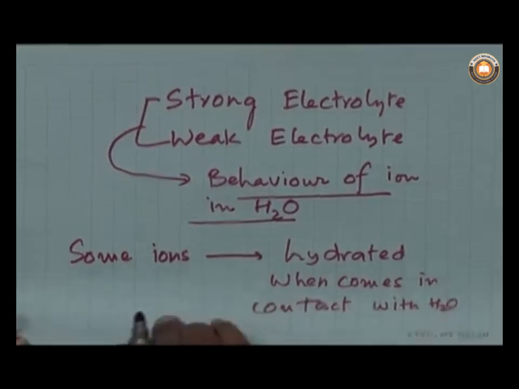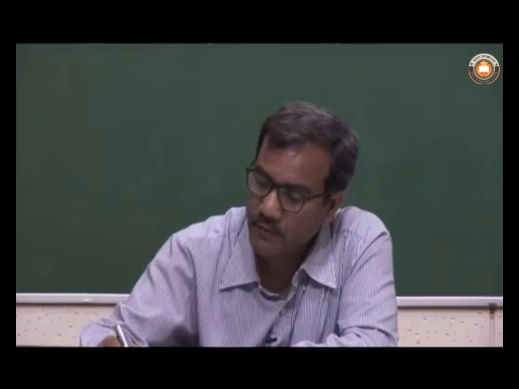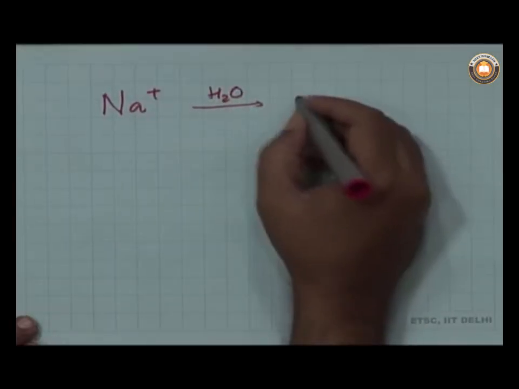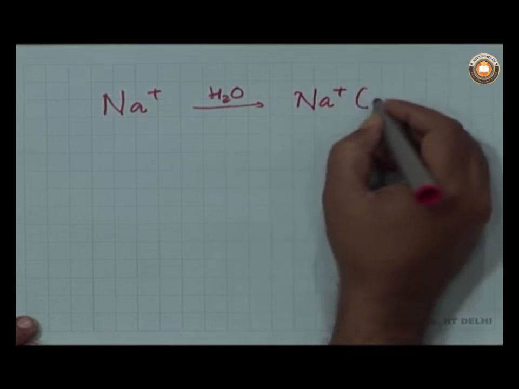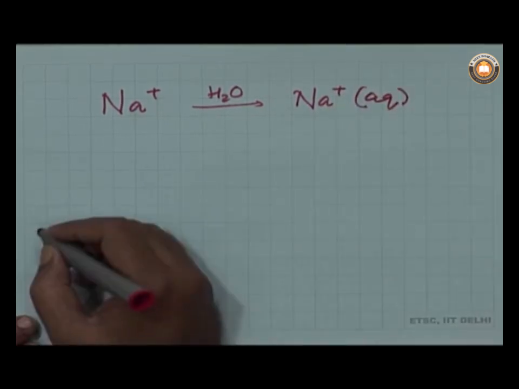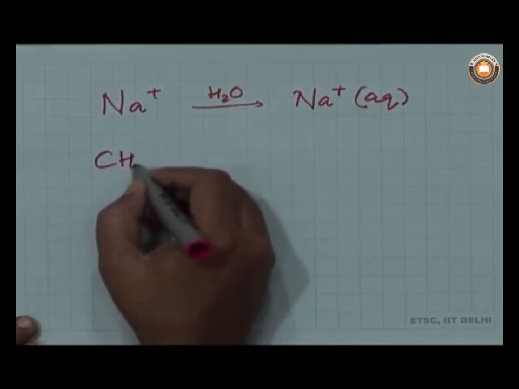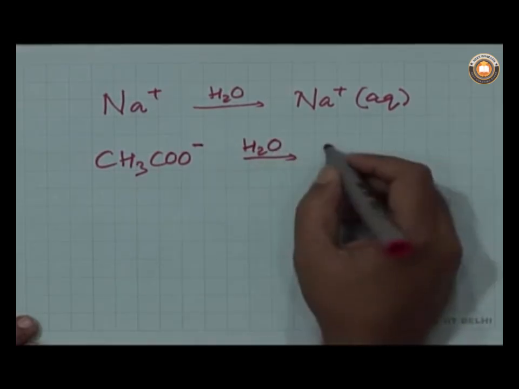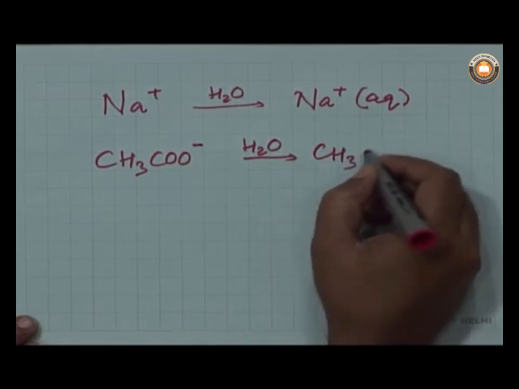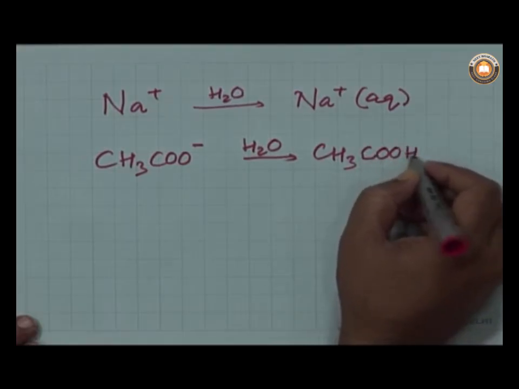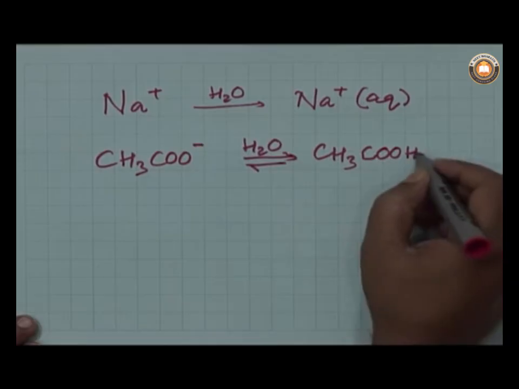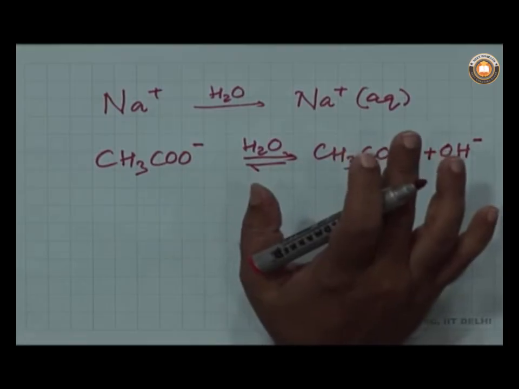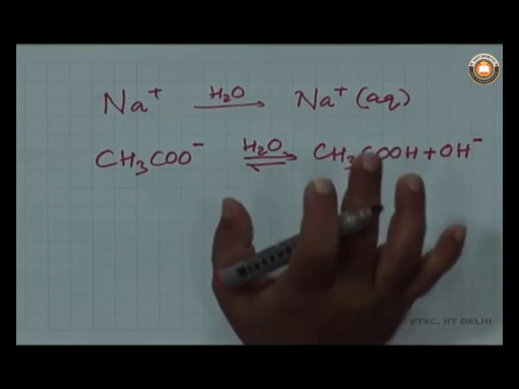For example, if you take Na plus ion and put it in water, you get hydrated Na plus. Whereas, if I take CH3COO minus and put it in water, what you are going to get is CH3COOH plus OH minus. So, there are two different behaviors for two different ions.